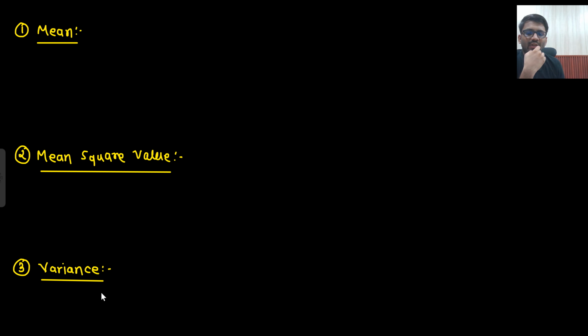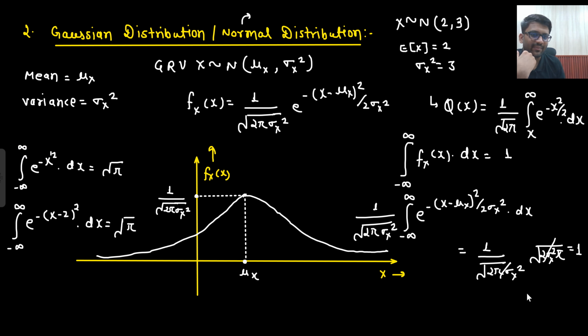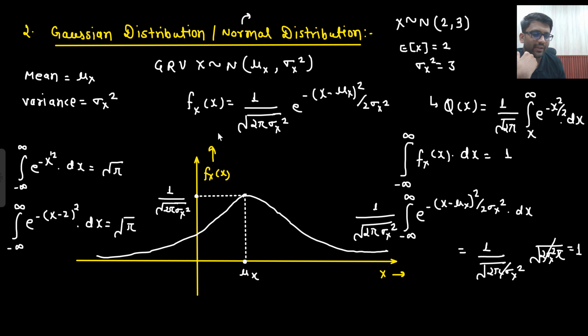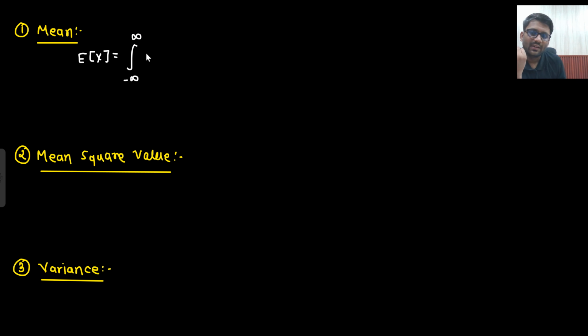Now mean square value and variance. We already know everything, right? This will be the mean. Basically, how do I calculate the mean? Expectation of x would be equal to integral from minus infinity to infinity, x going from minus infinity to plus infinity, of x into fx dot dx.